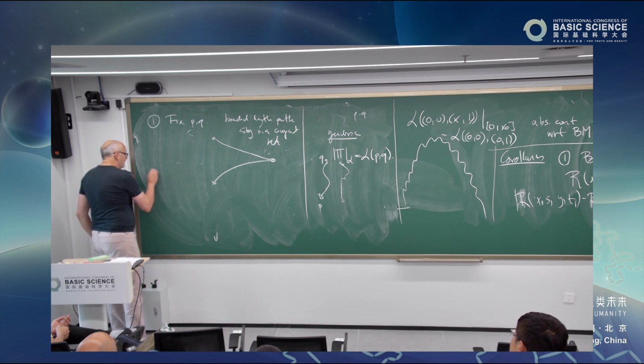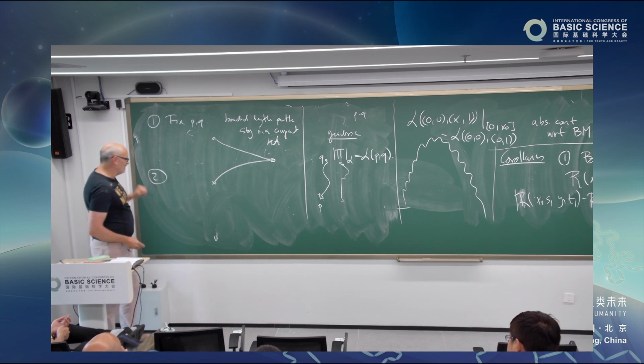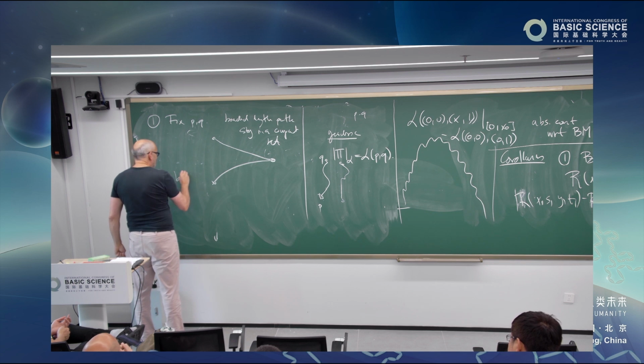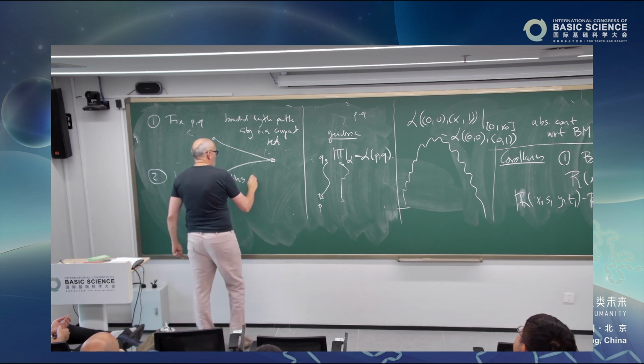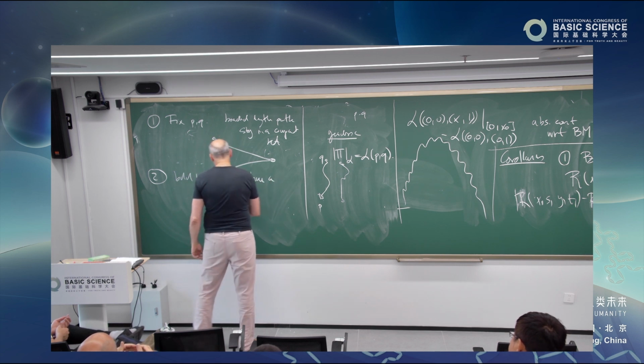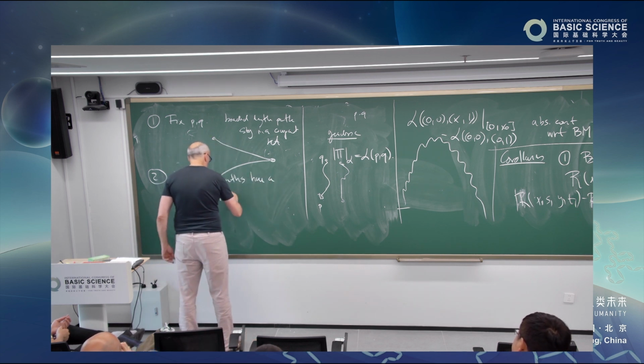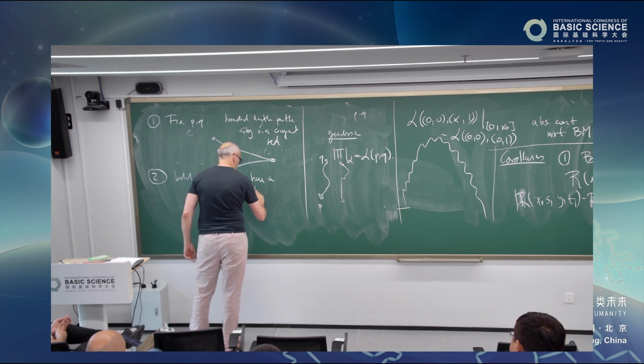Okay, and the second thing is that, in fact, even cooler: bounded length paths have a uniform Hölder 1/2 norm.